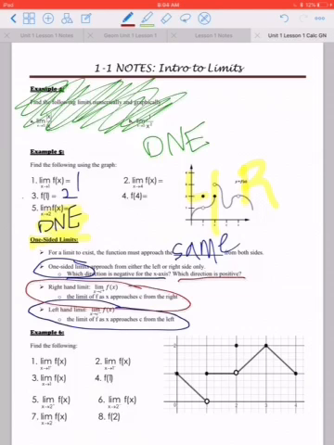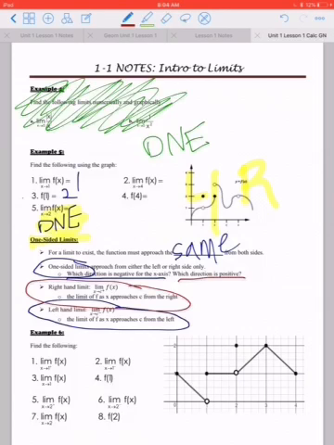Let's do example 6 and figure out the left and right-hand limits. If you look here, there's only one gap in the graph. The limit is not going to exist right there, but if you look at the left and the right sides, it will. So let's do number 1.